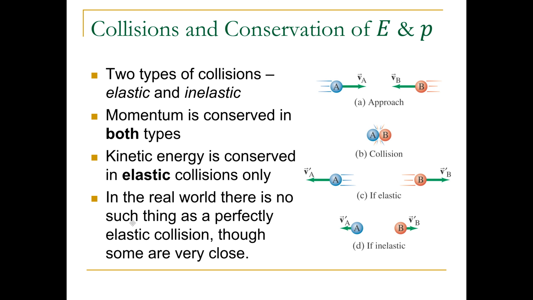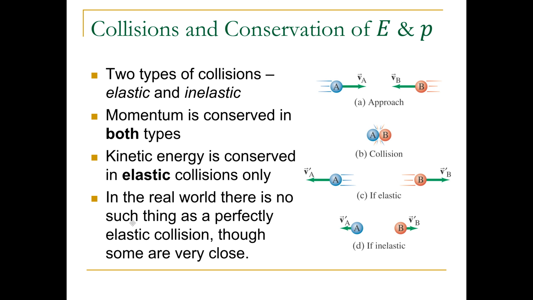So collisions are often divided into two categories, elastic and inelastic. Momentum is conserved for both of these types of collisions, which is very important. So momentum is conserved regardless of what type of collision is occurring. If it's an elastic collision, then kinetic energy is also conserved.